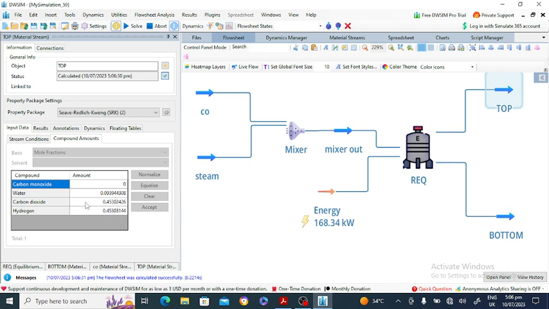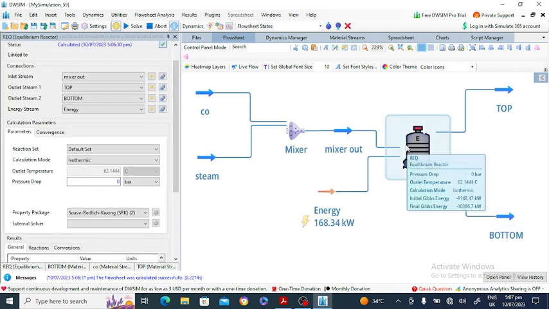So the reaction will go in the forward direction when we increase the temperature and pressure. So this is all about the water gas shift reaction, how we can minimize the concentration of carbon monoxide. Here you can see the carbon monoxide is zero, and here is a large amount of water, carbon monoxide is 0.